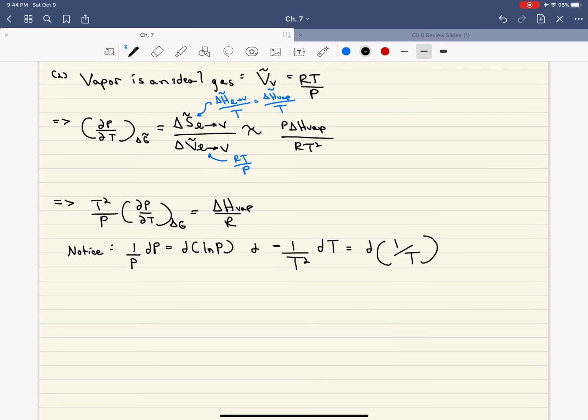The derivative of 1 over temperature, if you do the chain rule, gives you this. All right, and so what we could do is rewrite our partial derivative like this.